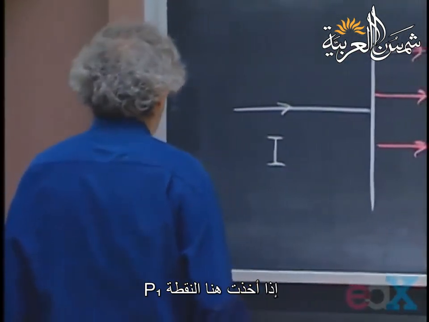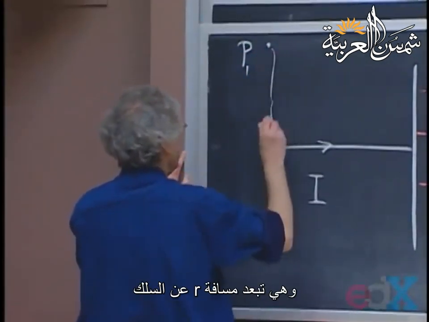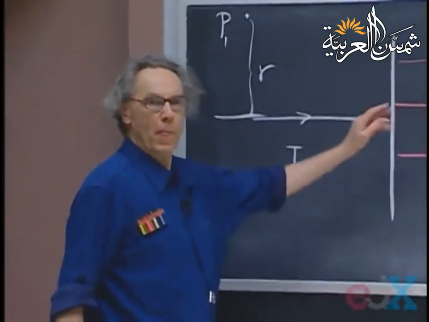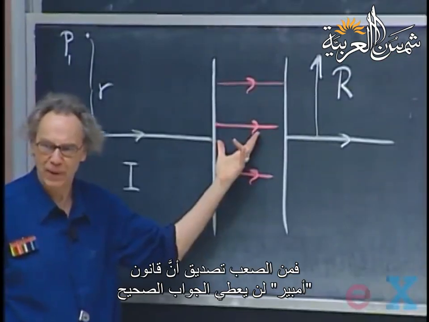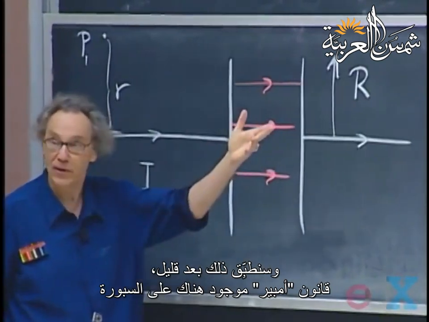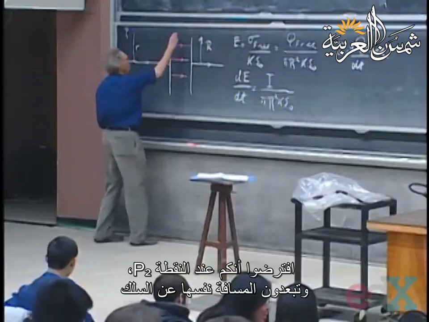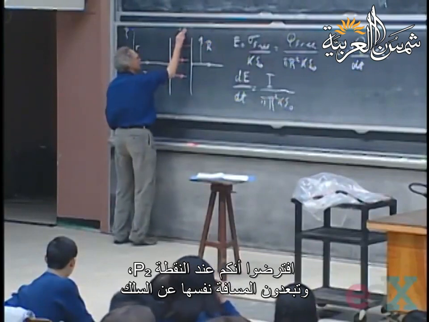So how does this affect the magnetic field? Well, if I take here a point P1 at a distance little r from the wire, if you're far away from this capacitor, it's hard to believe that Ampere's law would not give the right answer. And we'll apply that very shortly, Ampere's law, it's on the blackboard there. Suppose you are at the same distance from this line here at point P2.